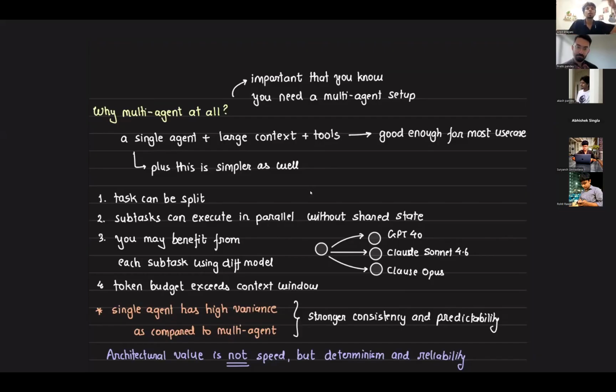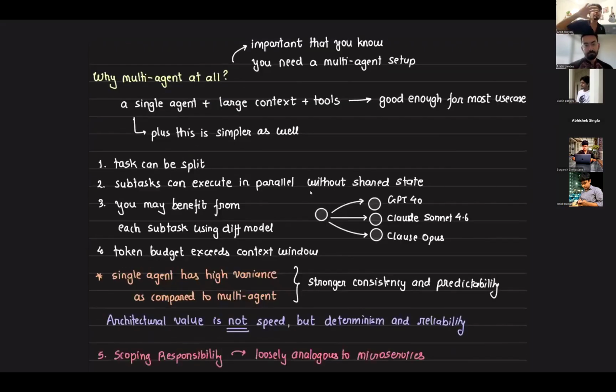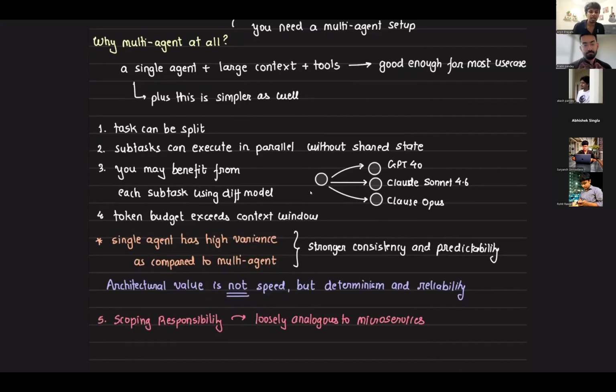Now think of it this way: you have a single agent with a large context. Treat it as a monolith, and it's good enough for most use cases. But if your task can be split into multiple subtasks, if those subtasks can execute in parallel, and they are pretty independent tasks, you can speed things up. You may also want a specialized model to solve one problem.